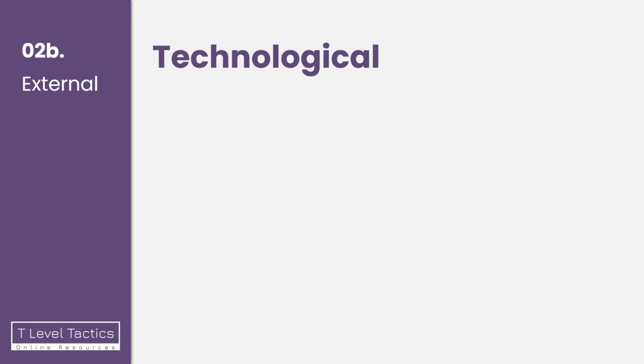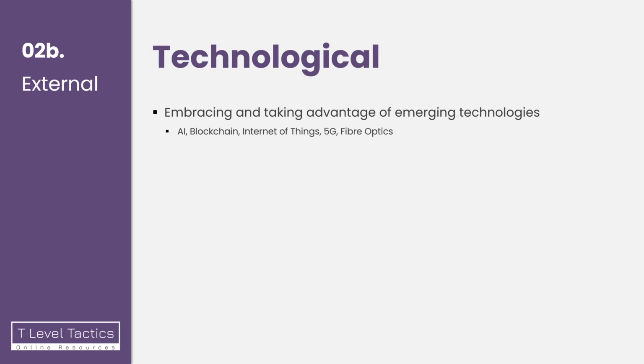In terms of technological factors, it's about organizations and businesses embracing and taking advantage of emerging technologies. Things like artificial intelligence we've mentioned before, but think about other things like blockchain technologies, the Internet of Things, 5G, fiber optics, and this ubiquity of technology all around us.